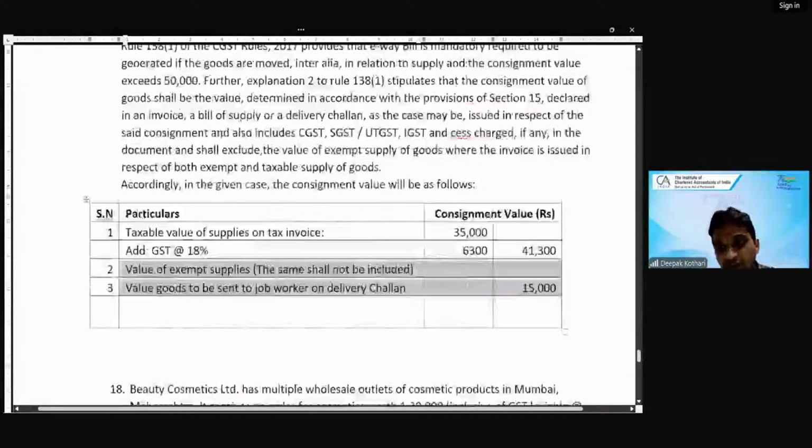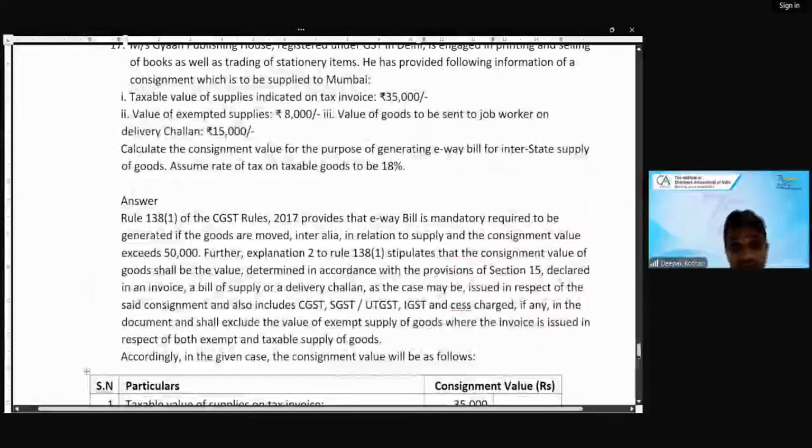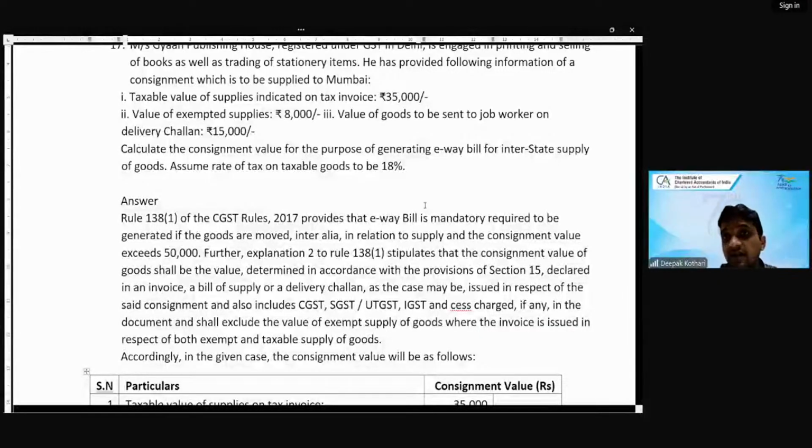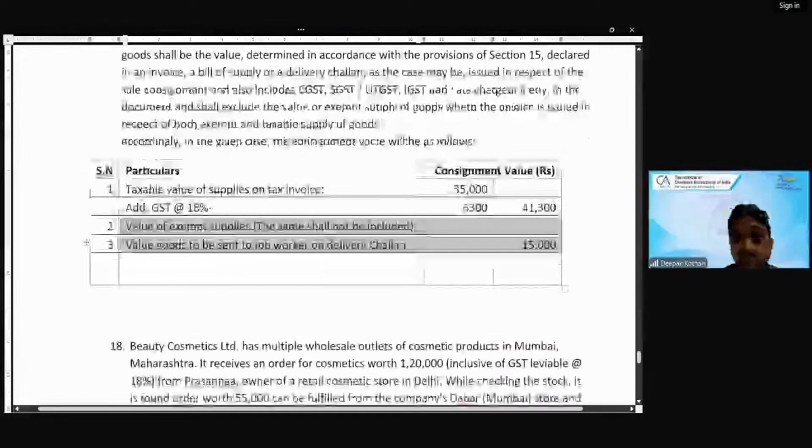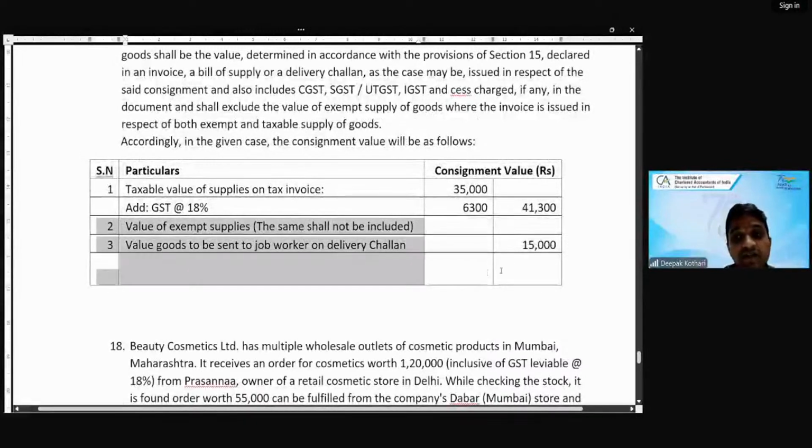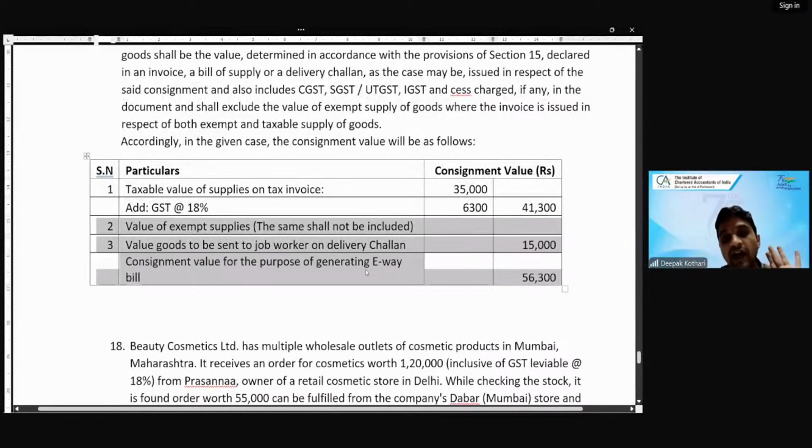Here you have added 15,000 plus 18%. Is the value of goods sent to the job worker a complete sale? It is not a sale, it is a delivery challan where you're sending the goods. So why will you add tax on that? You'll only consider 15,000. You will not add tax on that.